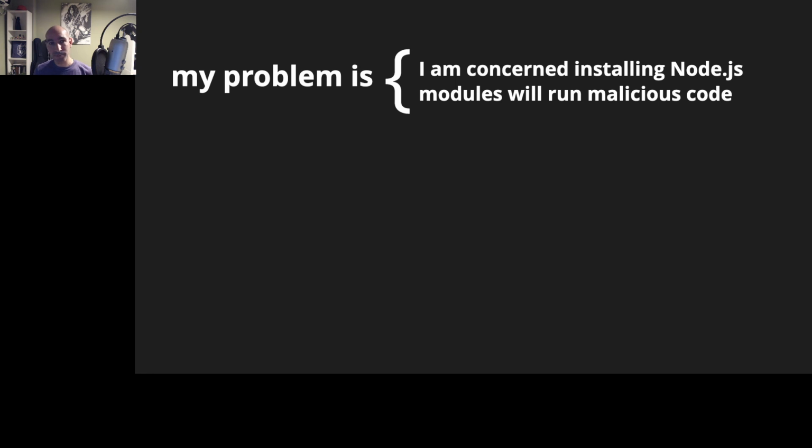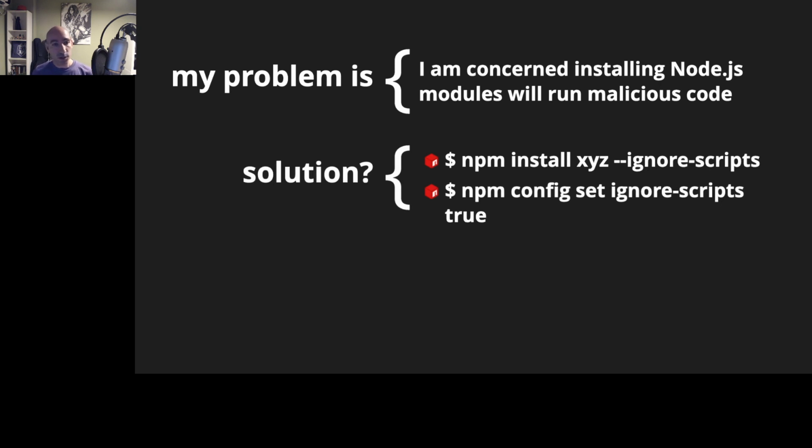One of the other problems may be, I'm concerned that installing Node.js modules will run malicious code. One way is that npm as a package manager has this ignore-scripts command line flag, and you could set that as a configuration option, or probably you want to start off with a command line flag.